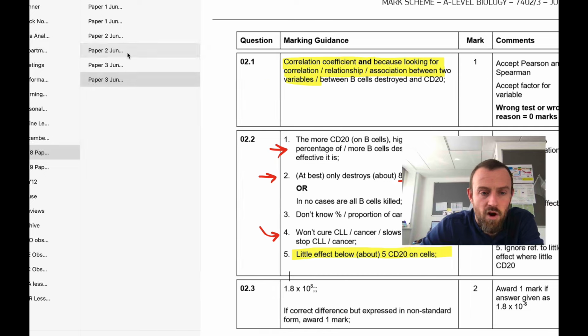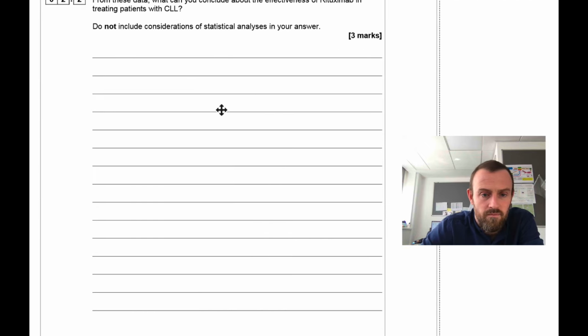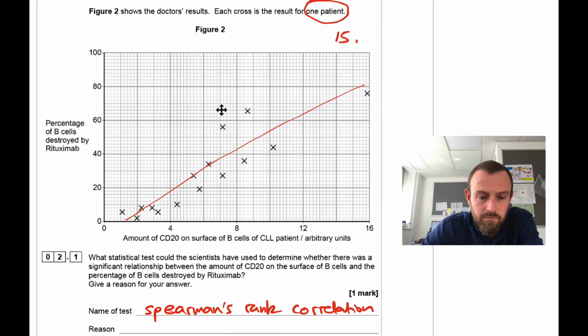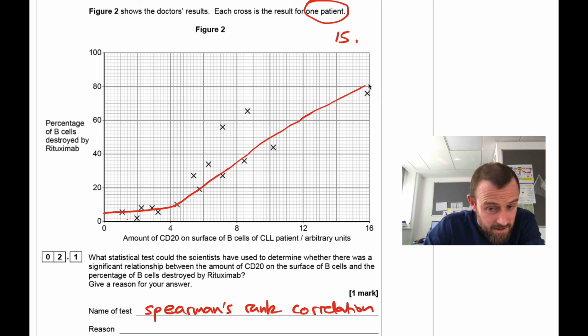So let's look at that on the graph. If we look at this graph, maybe this correlation that I drew earlier is a bit simplistic. Maybe if we were doing more of a line of best fit approach, it would be more like that. So that means that there's a little effect below this number here.